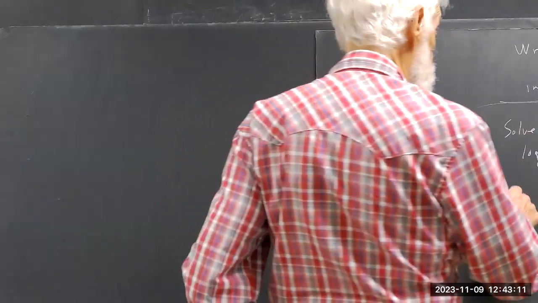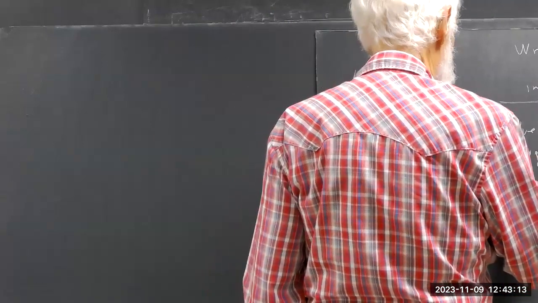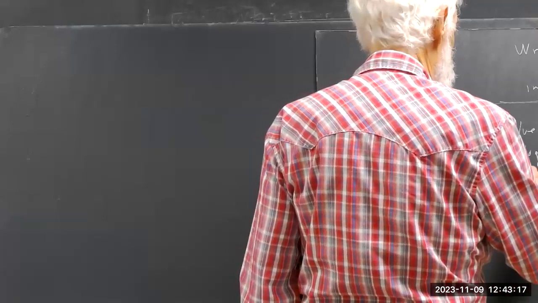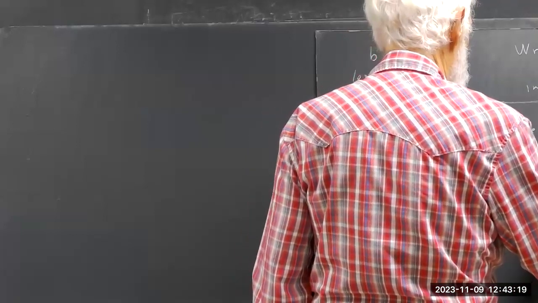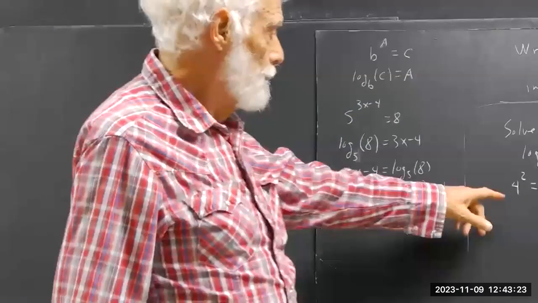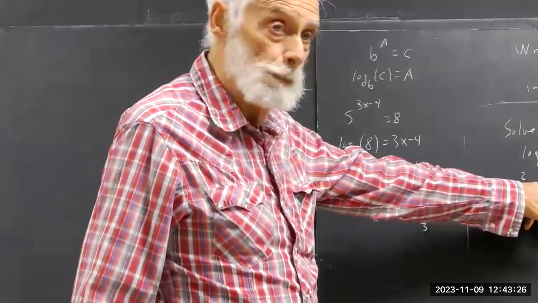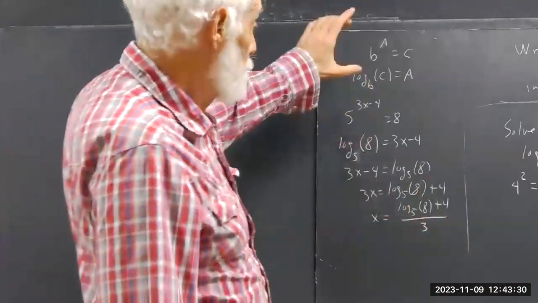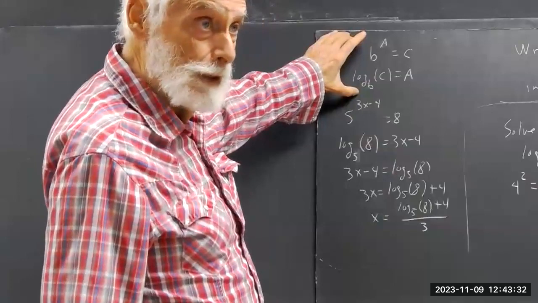It's usually almost always easy to identify. We're translating it. We get 4 to the second equals 5x minus 1. Just got to be careful to translate it. It's really helpful to write these two equivalences down.